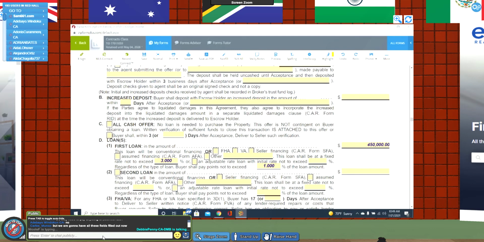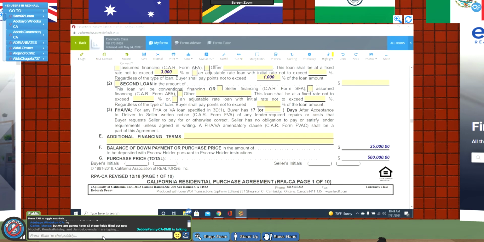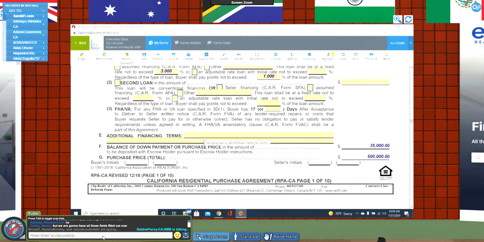The lender's going to help me with this. But if it's a 3% down and there's going to be assistance, I'm writing based on the 3% down payment. In other additional financing terms down here on item E, I'm going to write in that they are part of this assistance program. Give details there.